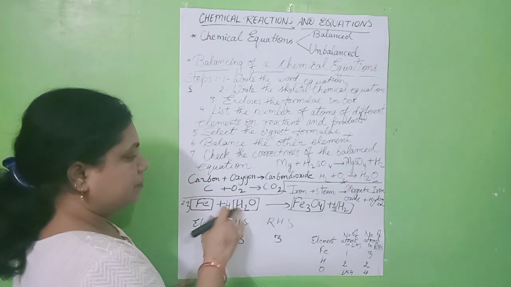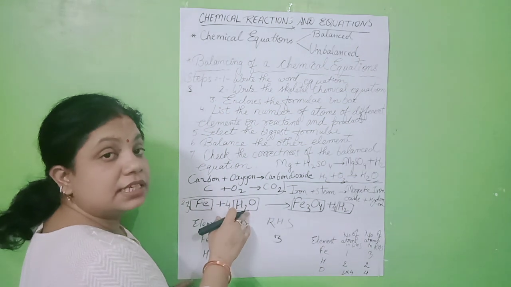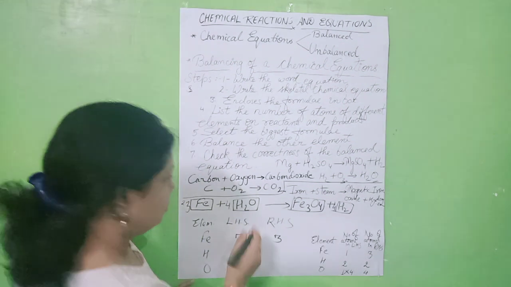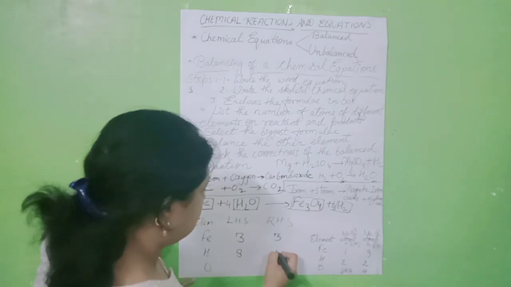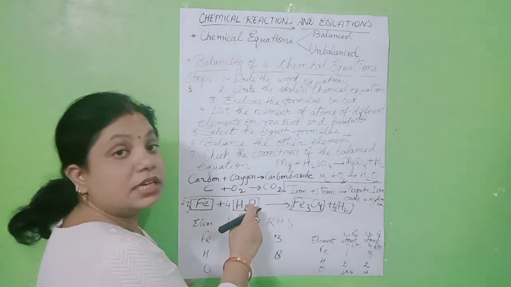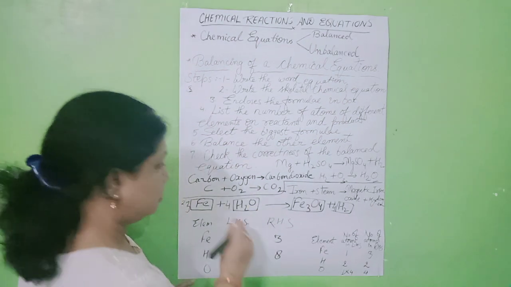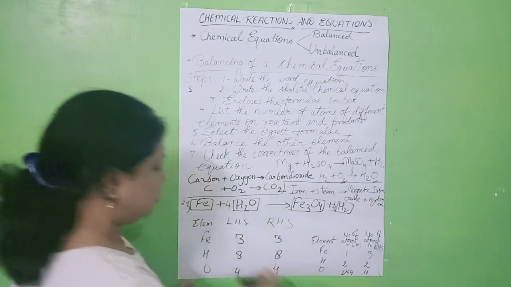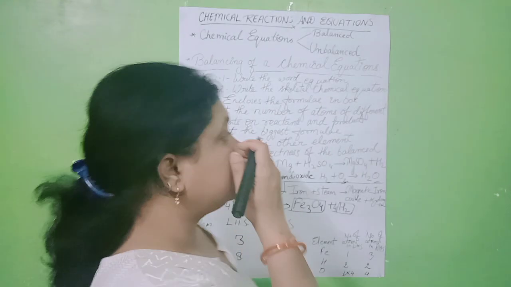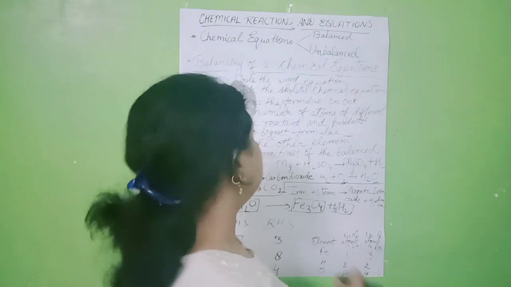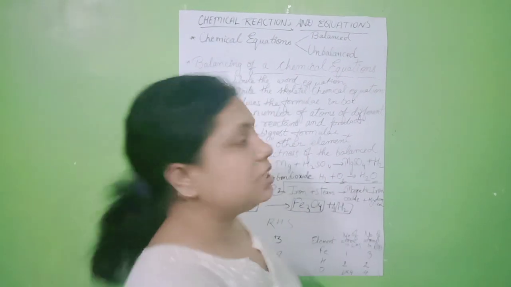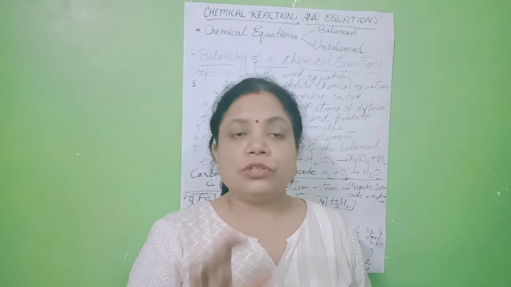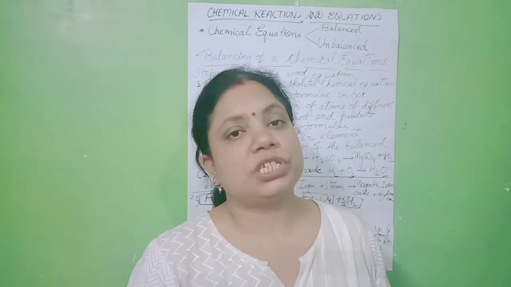Hydrogen on the left hand side is 4 times H2, that is 8, and here hydrogen is 8. Oxygen on the left hand side is 4 and on the right hand side is also 4. Now it is balanced. So these are the steps we have to follow to balance a chemical equation. When you follow the steps, you will be able to balance the equation.